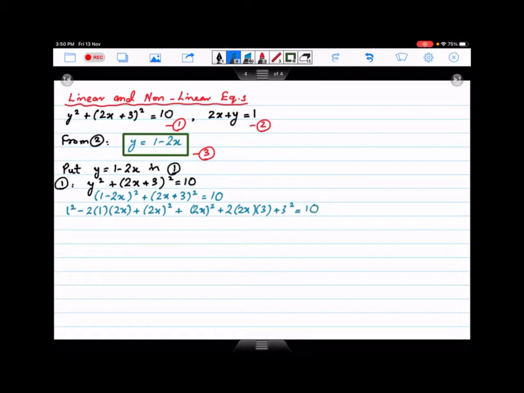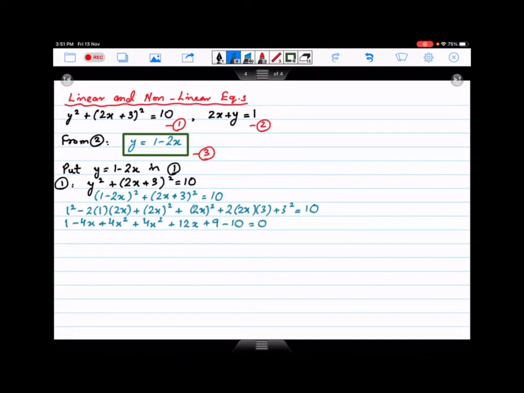Now solving this becomes 1 minus 4x plus 4x square plus 4x square plus 12x plus 9 minus 10 equals to 0.